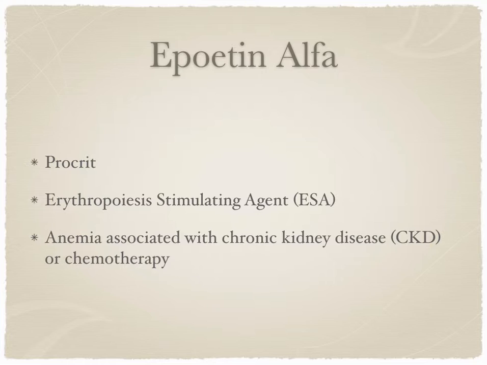So I mentioned back then that erythropoiesis is a process that produces red blood cells. So epoetin alpha or darbepoetin alpha in this class are used to stimulate the process of making red blood cells. That's why we are using this to treat anemia. And epoetin alpha is the first one that was introduced, so it was before darbepoetin alpha.